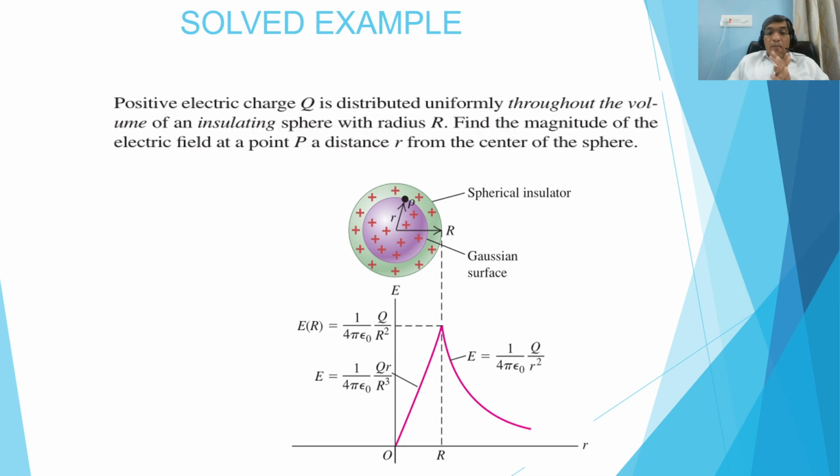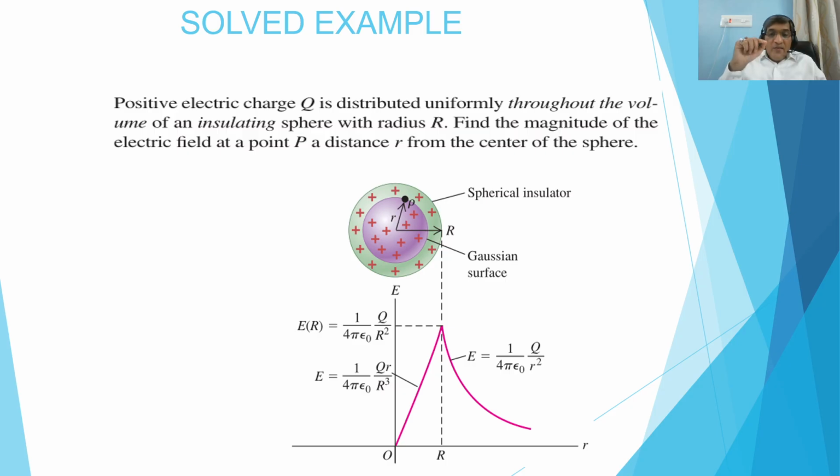This is the maximum value of the electric field, and there is another value, which is E equals capital Q times small r divided by 4 pi epsilon naught R cubed. This is the value inside this insulator sphere, throughout which we have distributed the uniformly charged density rho.